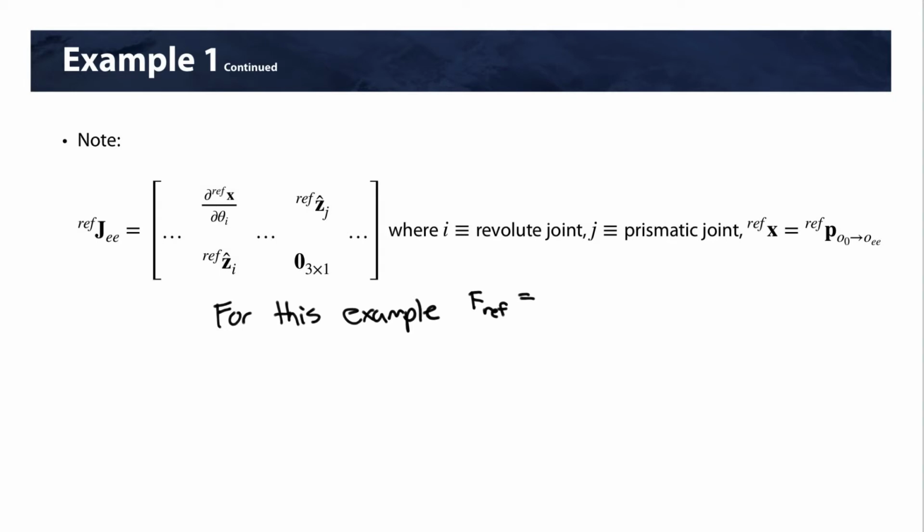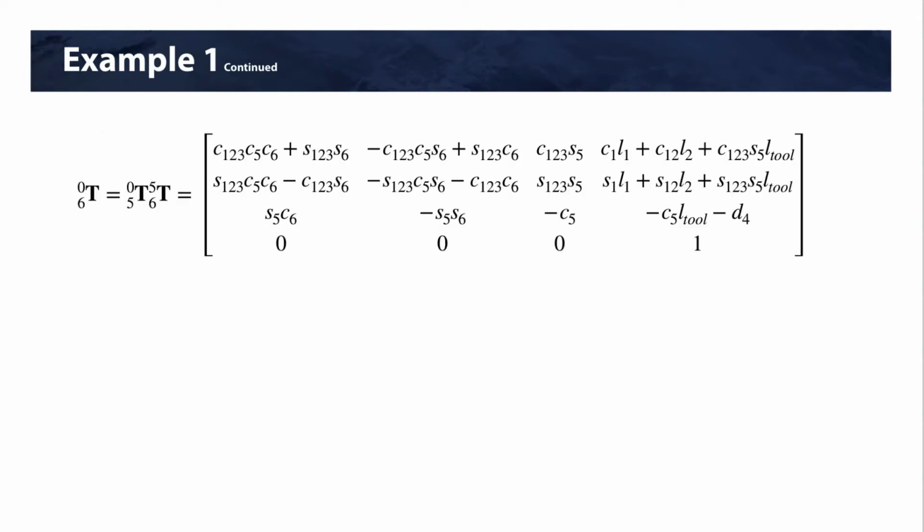So we need our position vector with respect to the base frame, and we're going to get that from our forward displacement solution. There is our position vector of our end effector with respect to the base frame.